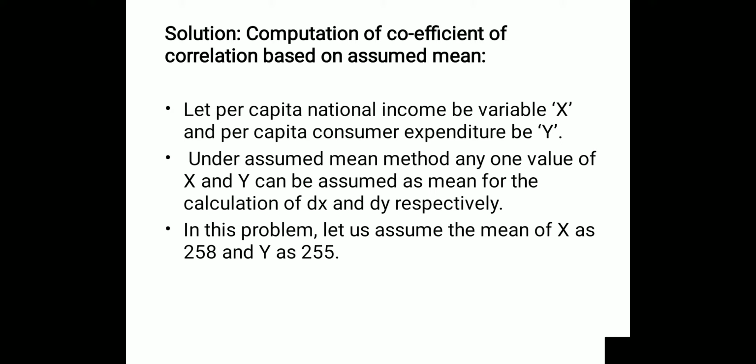In the previous problems we had studied deviations from the actual mean, and in this problem we will be discussing the assumed mean deviations. So in this problem, let us assume the mean of X as 258 and Y as 255.